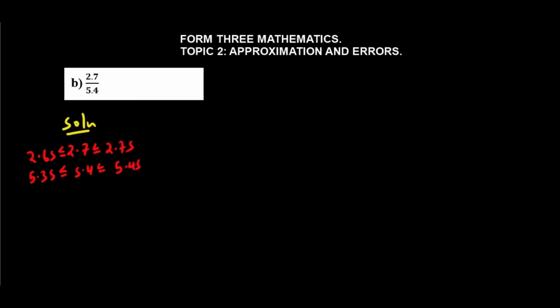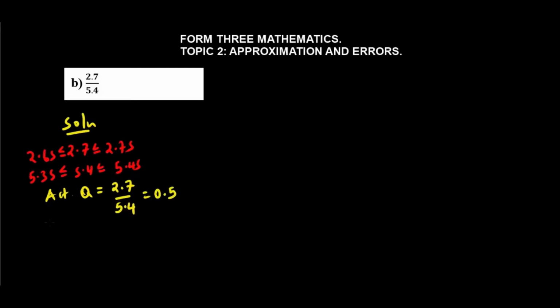So with this, we can now determine the actual quotient, and the actual quotient is just 2.7 over 5.4, and that should give us 0.5.